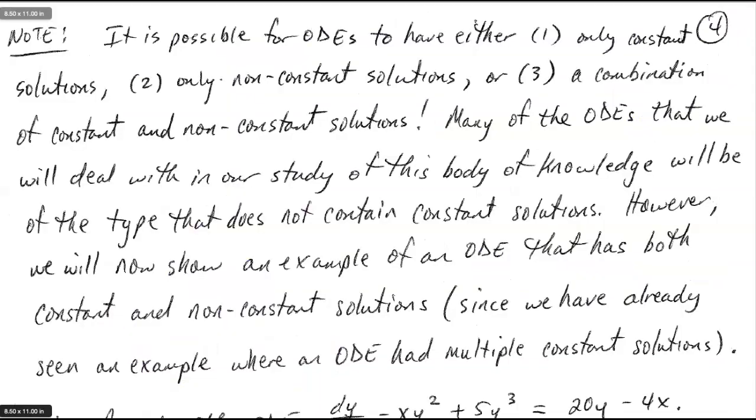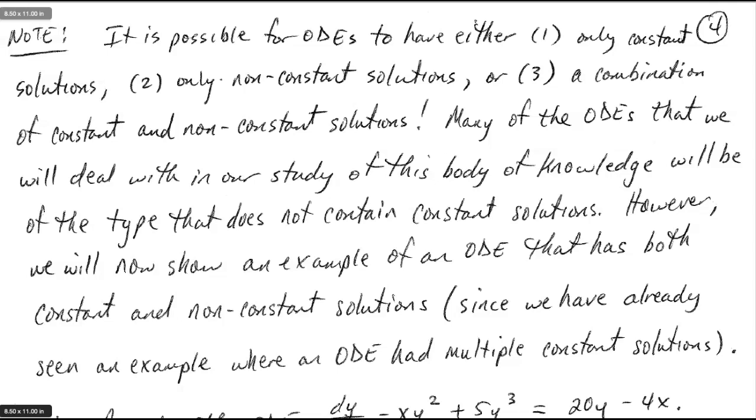Now, it's possible for our ODEs to have only constant solutions, like what we saw in our very first example, only non-constant solutions, and we'll see a lot of that as this course goes on, or we can have ODEs that have a combination of constant and non-constant solutions, okay?